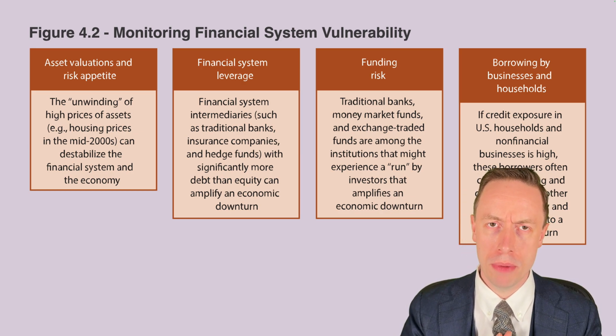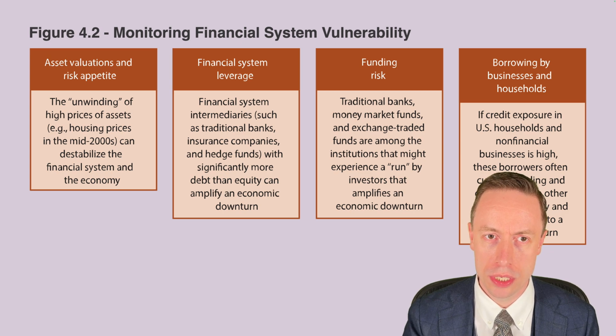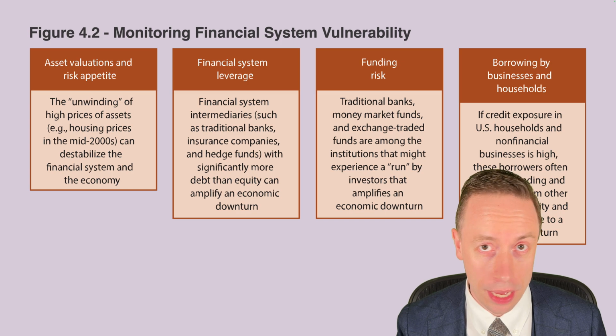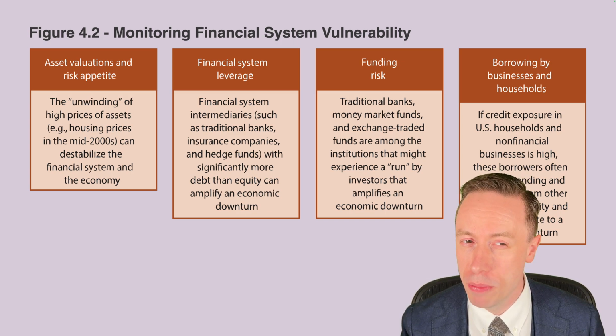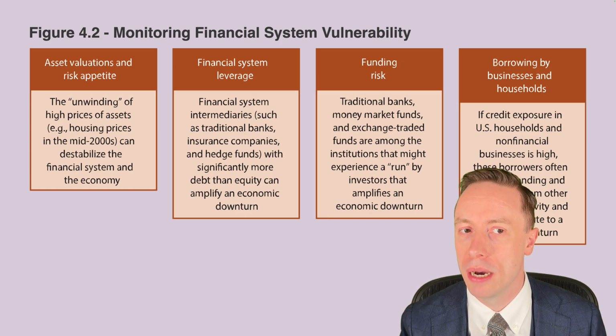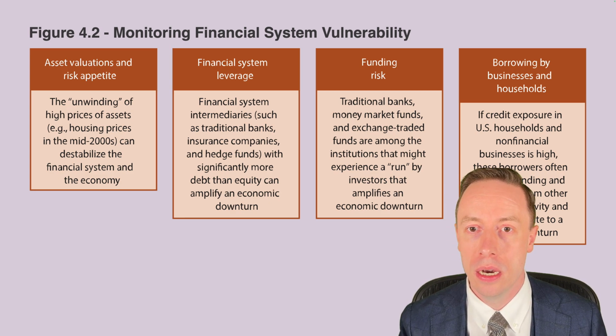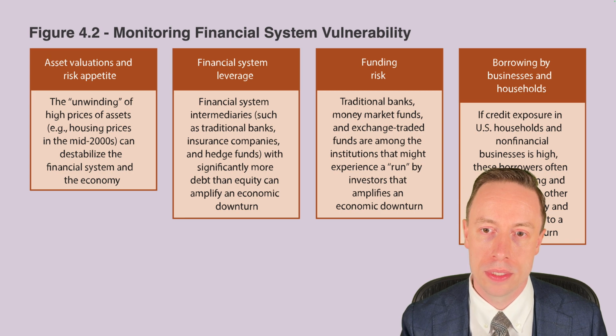We often talk about banks when it comes to the financial system, but insurance companies and hedge funds behave in a very similar way to banks when it comes to this type of leverage risk. So the Federal Reserve monitors that across the board.